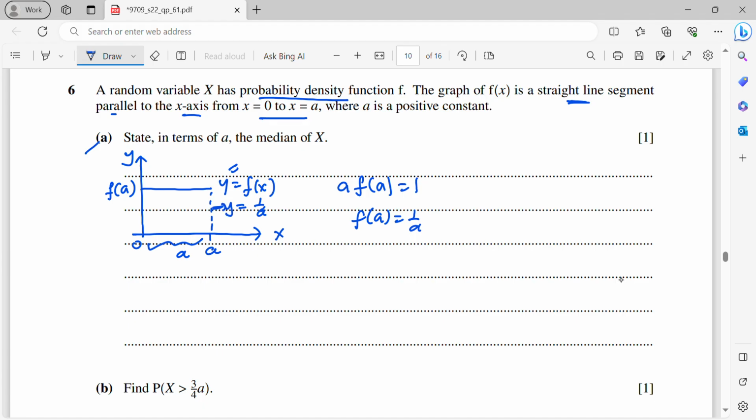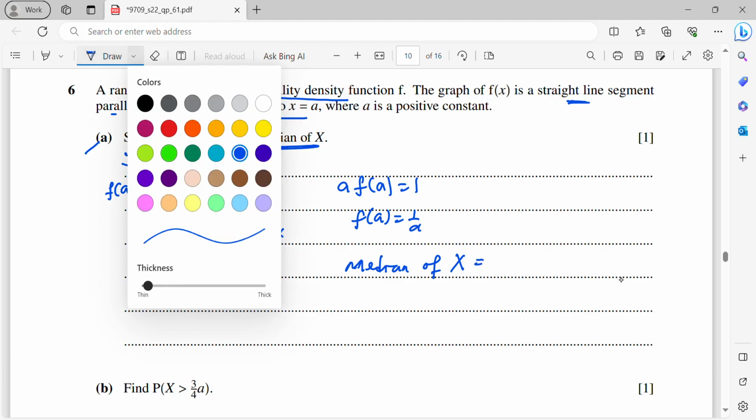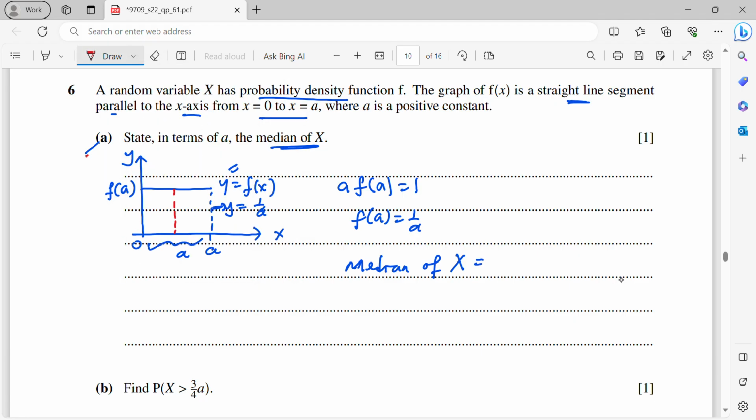Okay, so from here you need to get the median of X. So now the median of X, here is the median. So since this is 1 over a, or I would say that this f(x) is actually 1 over a. Yeah, 1 over a.